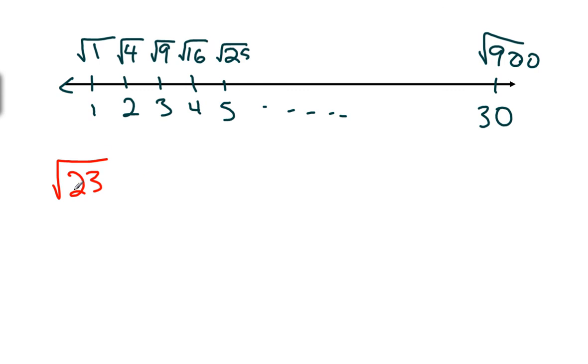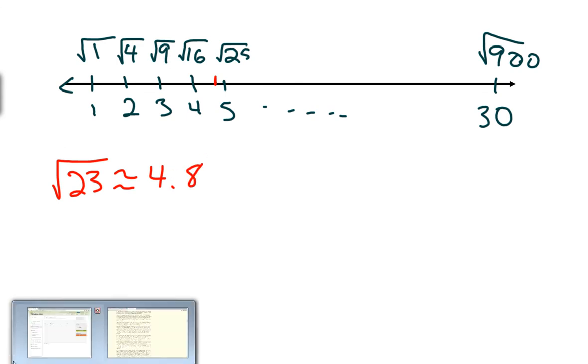And then the only thing we have to consider is, is this closer to 25 or 16? And hopefully we can recognize it's a little bit closer to 25, so it might be right about here. So we can see the square root of 23 is about 4.8.